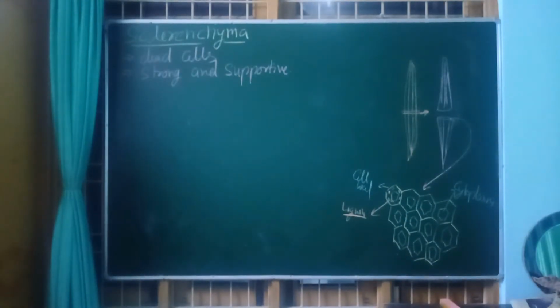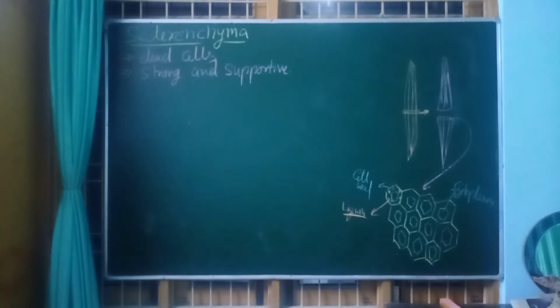I told you lignin is a complex polymer of amino acids in the cell wall of the plant cell, and it provides flexibility, great tensile strength to the plant. Lignin makes the cell wall impermeable and does not allow substances to pass through it.